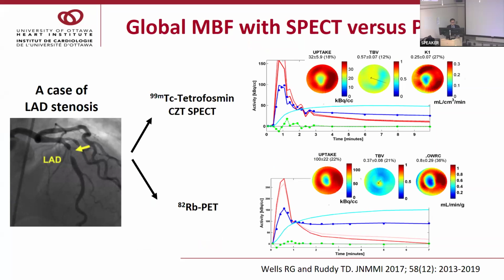The red line indicates blood pool activity, whereas the blue line represents myocardial uptake. The light blue shows the fitted model data. As you can see, the time activity curves are very similar between the two modalities. Similarly, the perfusion and polar maps demonstrate comparable results, showing reduced uptake and flow in the LAD territory.